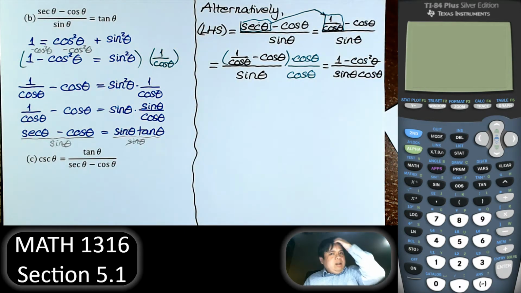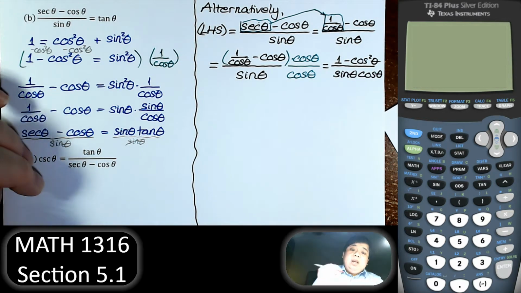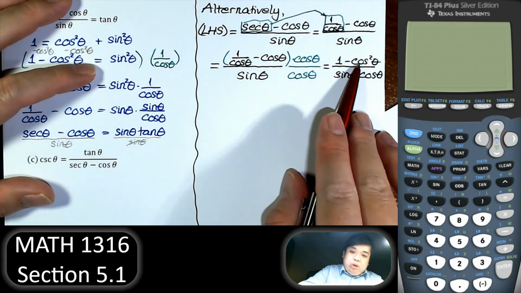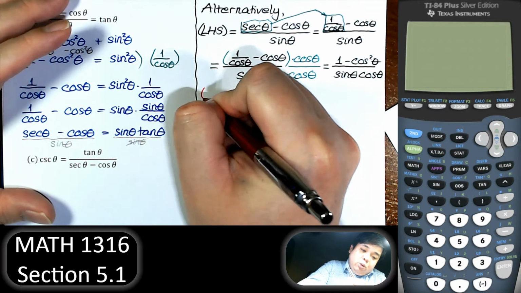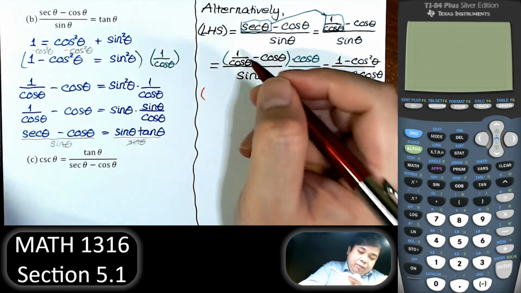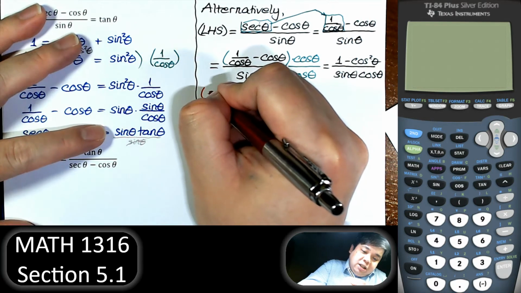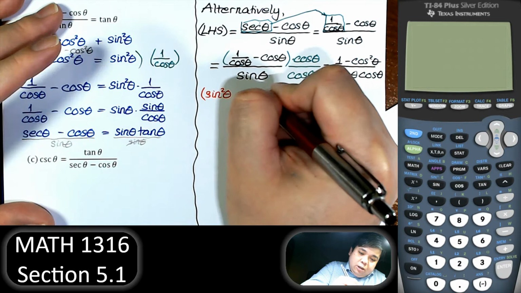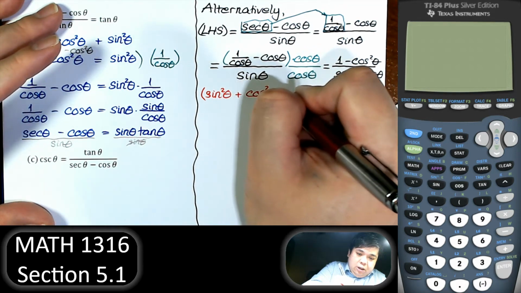Right. And the nice thing about changing everything to sine and cosine is that if we see cosine square or sine square, more often than not, we use the Pythagorean identity. So here we have the cosine square, so most likely we need the Pythagorean identity. The Pythagorean identity is sine square plus cosine square is equal to 1.